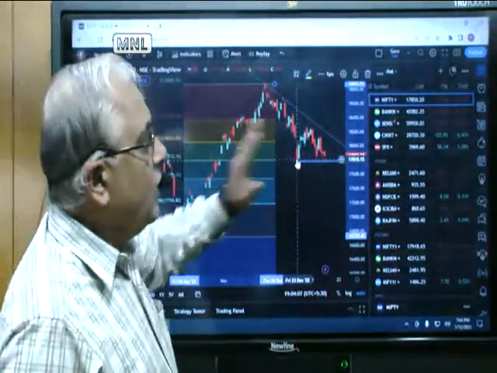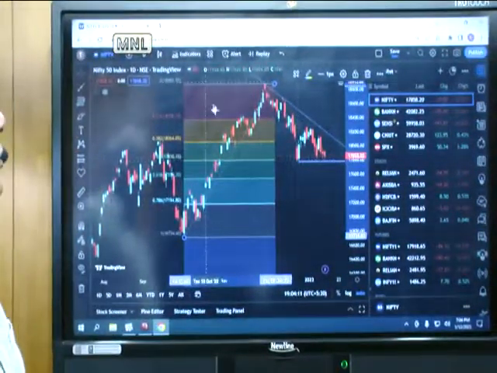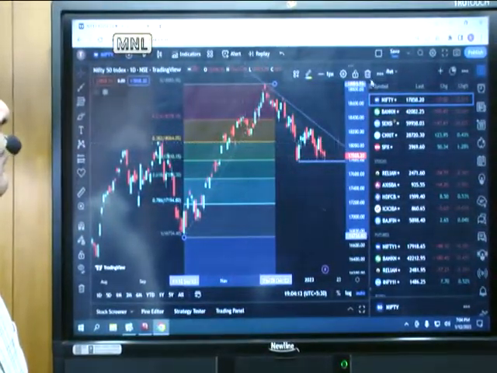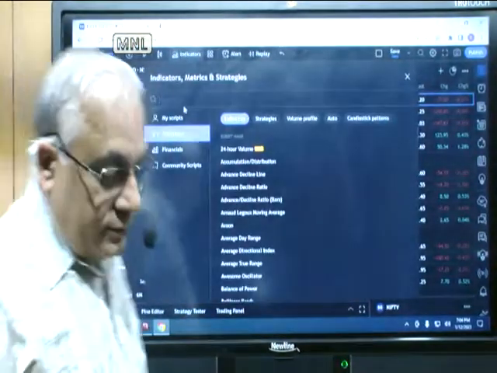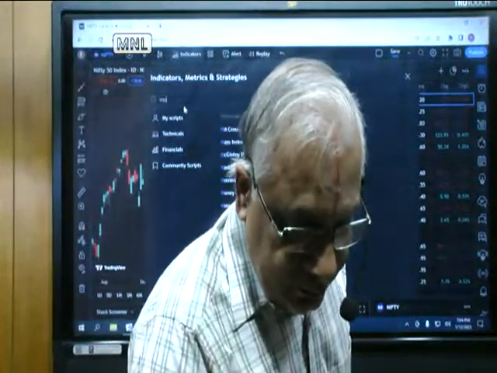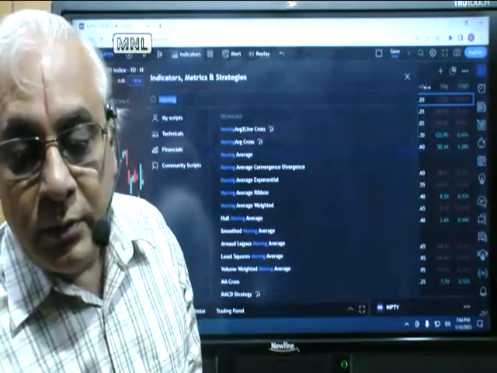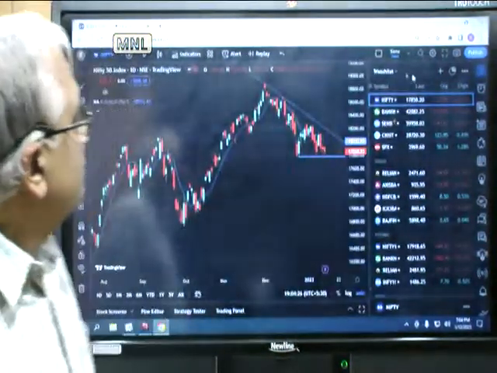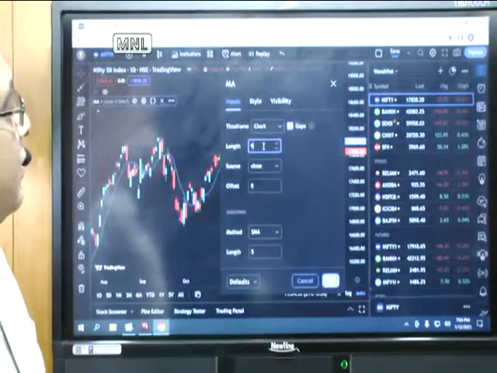But nevertheless, this is a 100-day moving average support. We have already shown the 100-day moving average. We'll remove this. We'll look at the indicators. We'll put the moving average. Now we'll change it to 100 days.